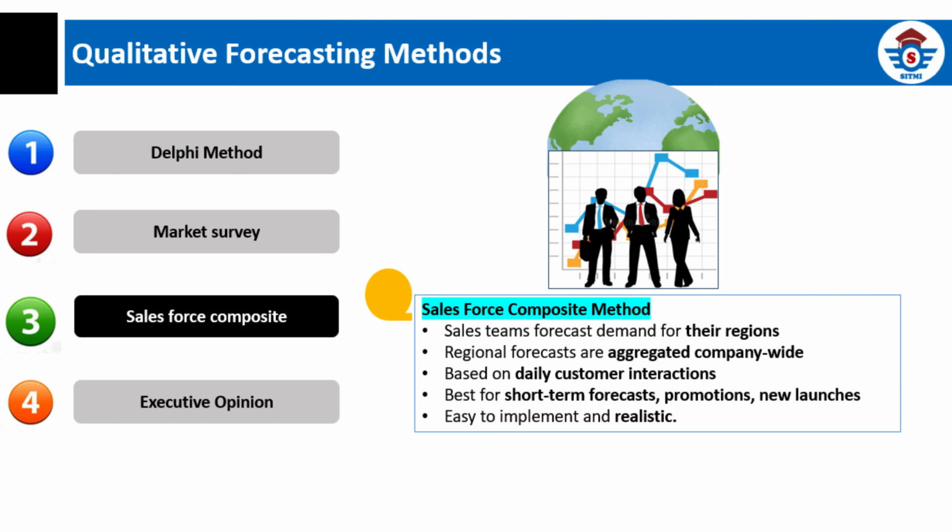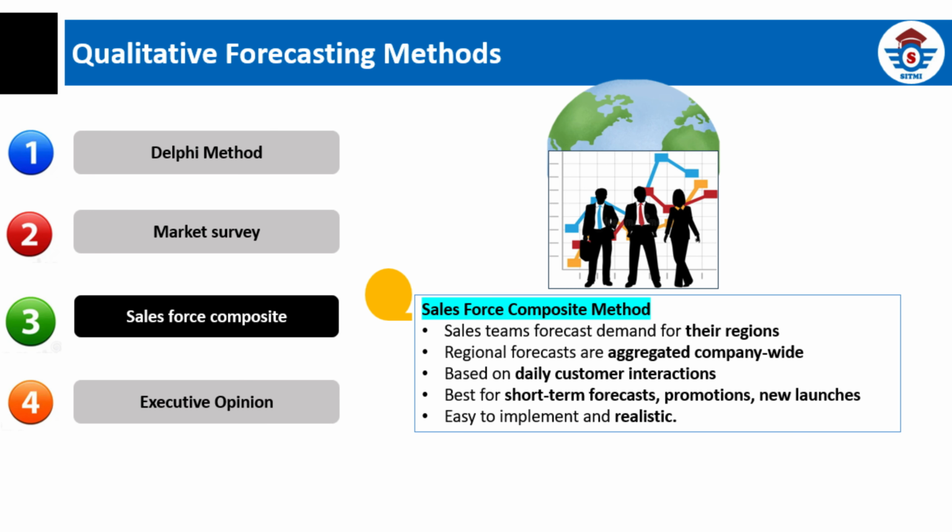The next qualitative method is the Salesforce composite method. In this method, each salesperson forecasts demand for their own region. These regional forecasts are then reviewed and aggregated into a company-level forecast. For example, sales teams in North America may predict higher demand for gaming laptops, while Asia-Pacific teams may expect more demand for business laptops.